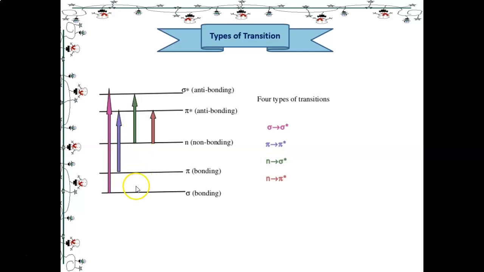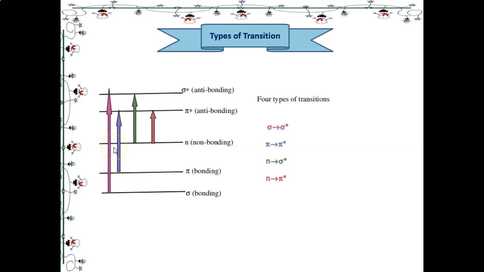The length of the arrow is proportional to the amount of energy needed to promote the electron between these energy levels. Here we have 5 types of energy level, and this arrow represents the amount of energy needed to promote the electron between these energy levels.